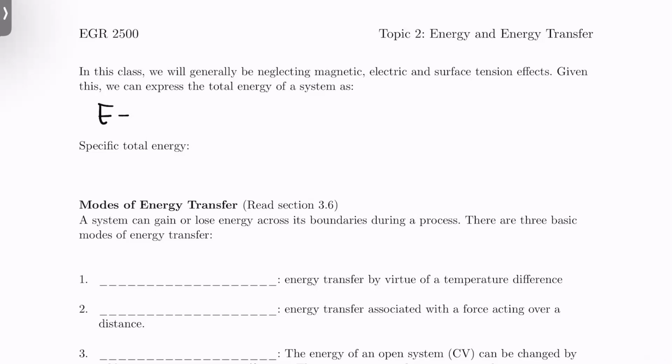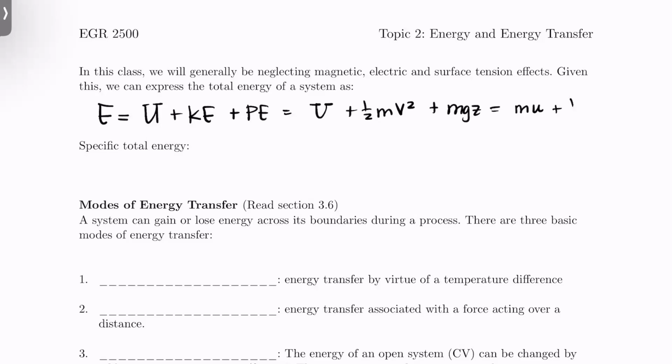Our total energy of our system is the total internal energy, U, plus kinetic energy, plus potential energy, which we can write as U plus 1/2 mv squared plus mgz, or mass times the specific internal energy plus 1/2 mv squared plus mgz.